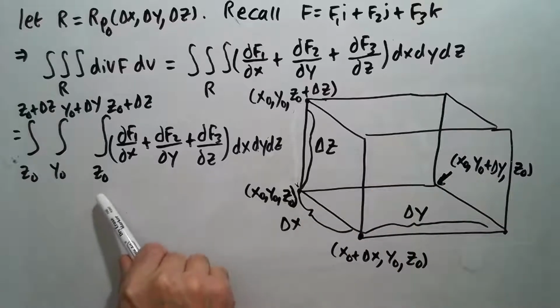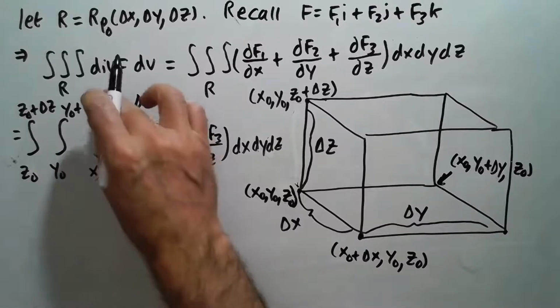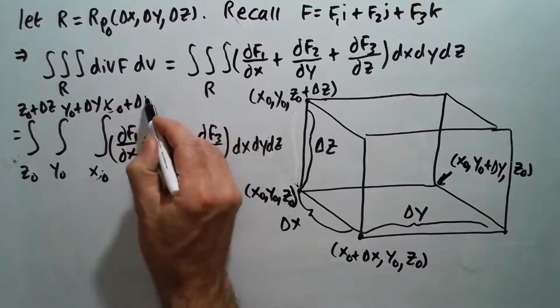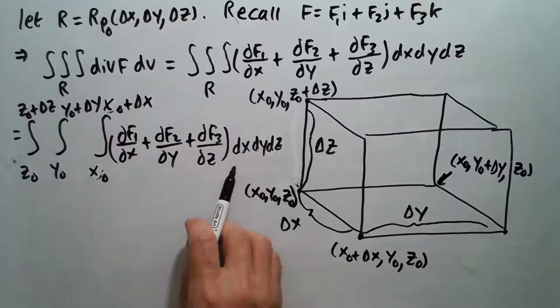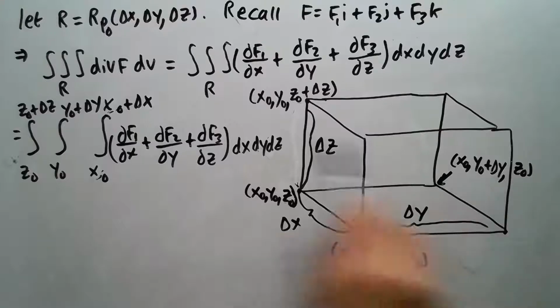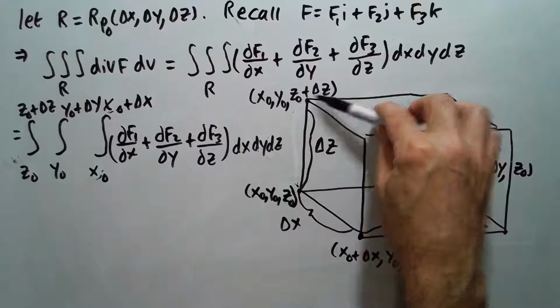So again, the first one, it should be x0 to x0 plus delta x, because the x is going from x0 to x0 plus delta x, the y is going from y0 to y0 plus delta y, and the z is going from z0 to z0 plus delta z.